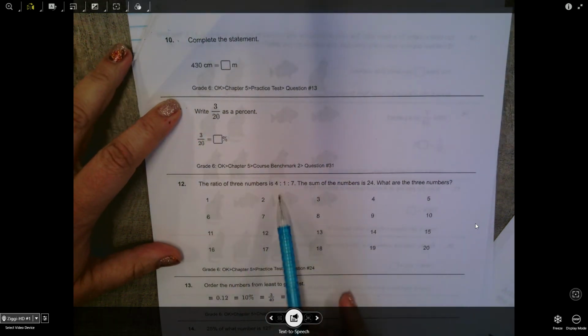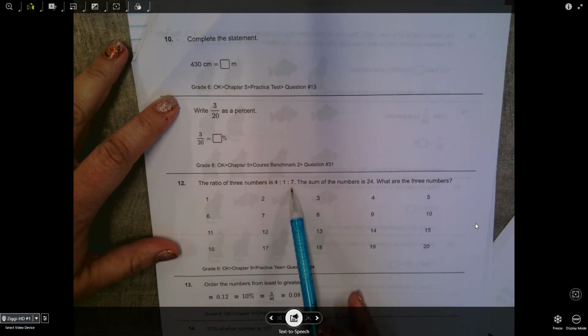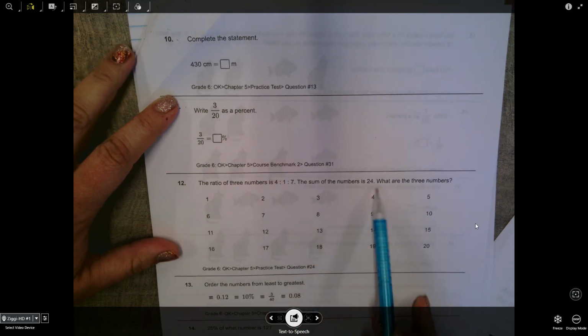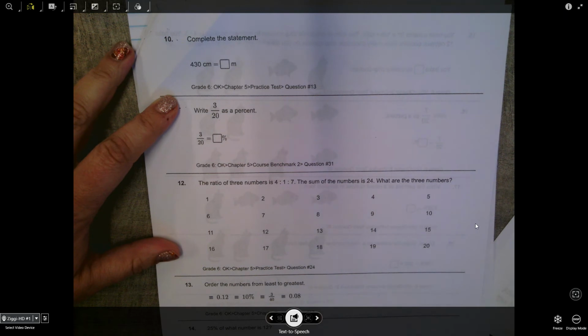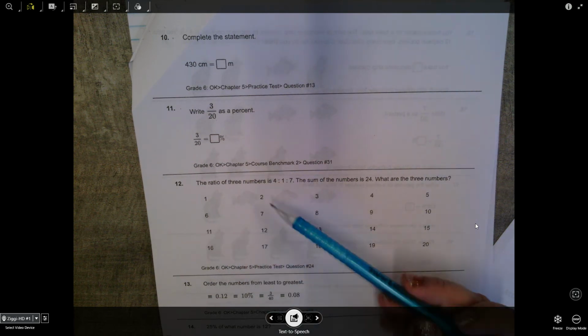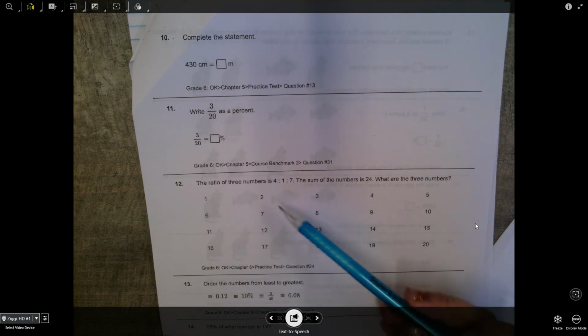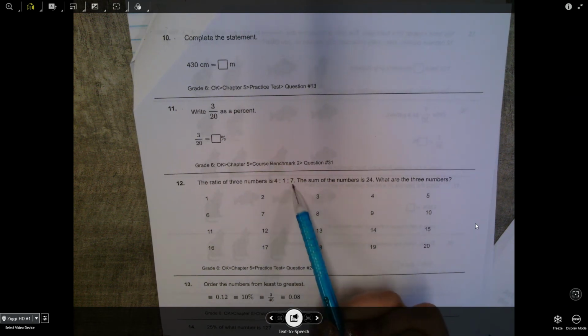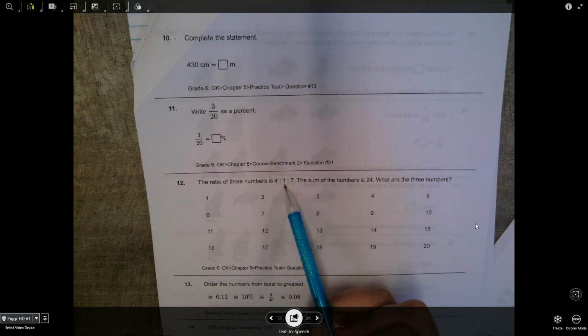The ratio of three numbers is 4 to 1 to 7. The sum of the numbers is 24. What are the three numbers? You're going to have to find equivalent ratios. The sum of these is 12: 4 plus 1 is 5, plus 7 is 12.